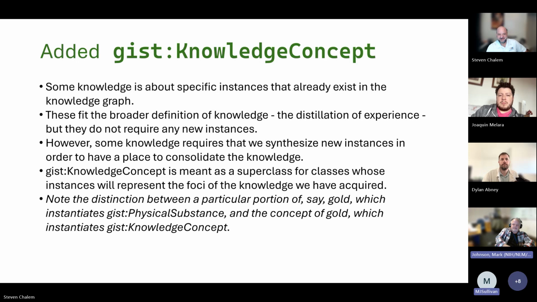I get the sense that gold as a physical substance is something that would have a generic molecular weight, for example. If it's like a subclass of a physical substance that is uniform in composition, right? So it would have a molecular weight. Whereas the knowledge concept doesn't have a molecular weight.